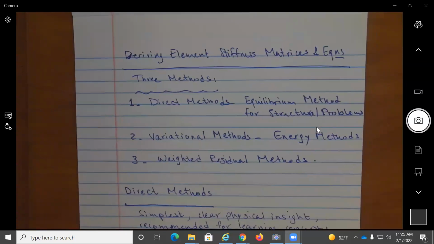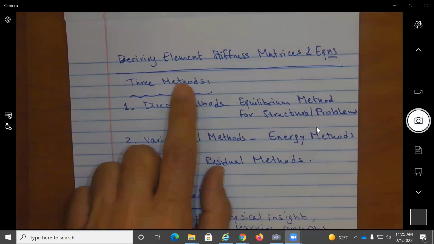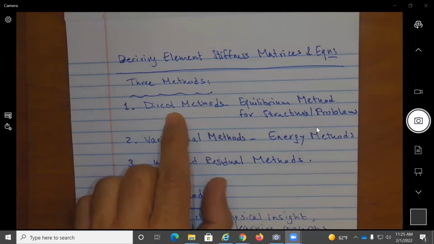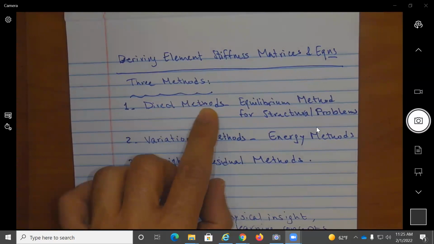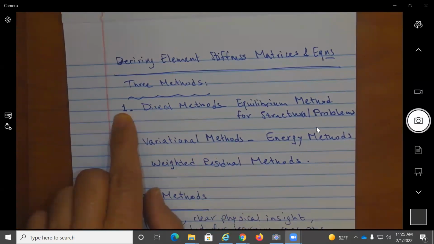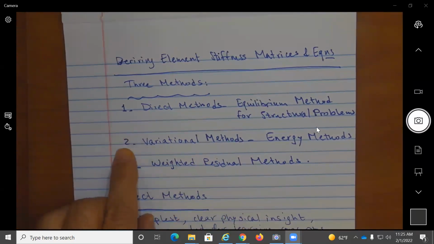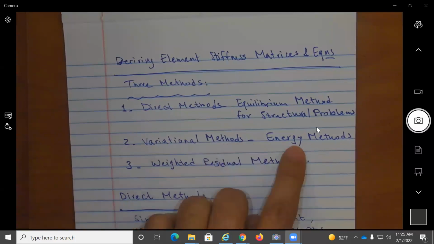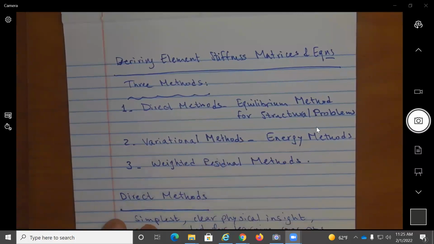So if I go back to my three methods, direct methods, force or displacement methods for equilibrium, we've already applied it. Today, we want to apply an energy method to derive the element stiffness equations for spring elements and make sure that we can compare these results to the one we got earlier.